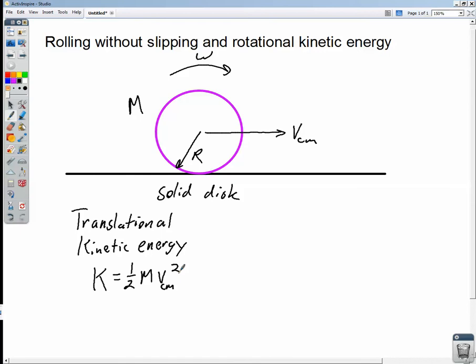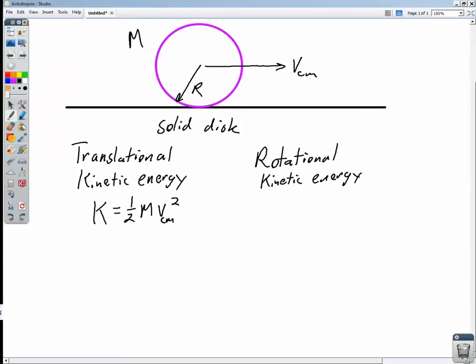But it also has rotational kinetic energy. And as we've seen already with all of our rotational equations versus the equations that we use in the linear world, the rotational kinetic energy is analogous to the translational kinetic energy.